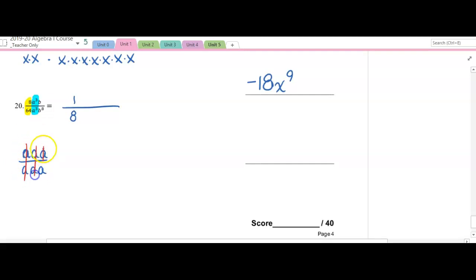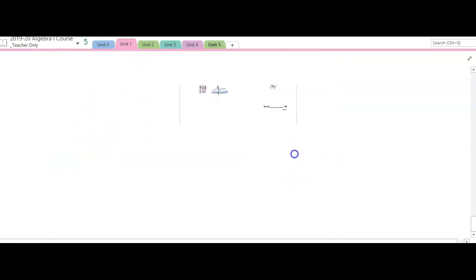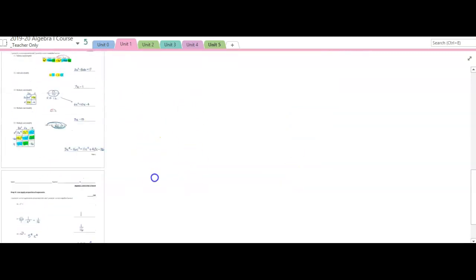They all cancel, so they're gone. 1 b on top with 8 b's on the bottom. 1 pair cancels and I'm left with b to the 7th on the bottom. So 1 over 8b to the 7th.